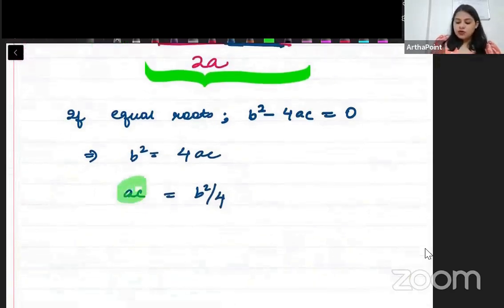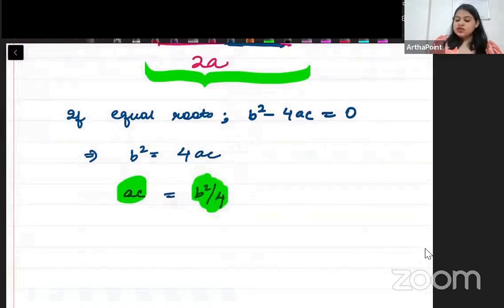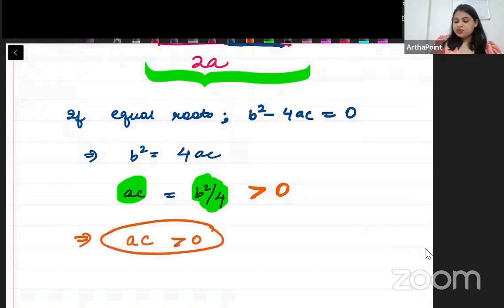But a product of two things is coming as a squared number, right? Square is always positive, so this is always greater than 0. So this means a into c should be greater than 0.